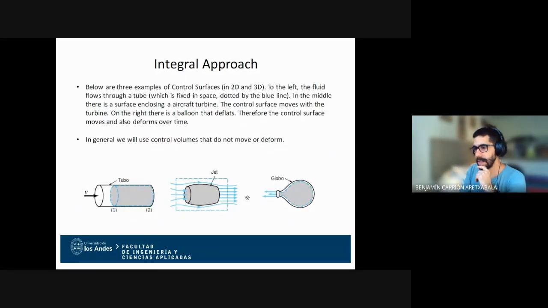So yeah, this is an example. Here you see 3 examples. So you have, let's say, a pipe, a tube. Your control volume could be just the tube, just what comes in, what goes out. If you have a jet moving, like in a plane, your control volume could be a region around it, and you describe how the air moves around it. If you have a balloon, your control volume could actually be attached to the balloon.